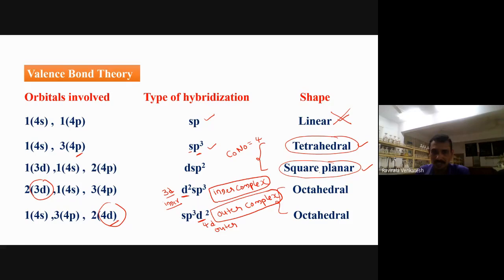That is also very important in VBT. So d2sp3 involves the inner d orbital, 3d, whereas sp3d2 involves the outer d orbital, 4d. Let me discuss with suitable examples now.